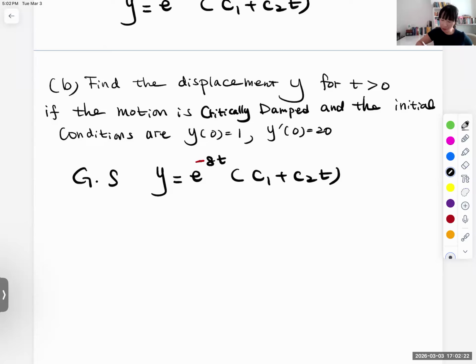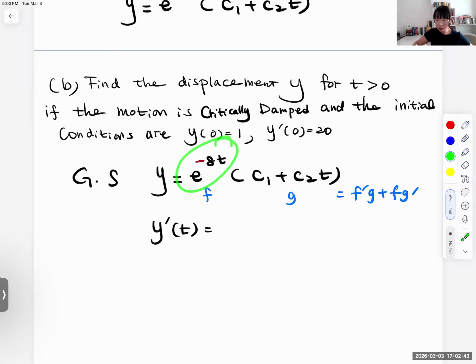So if we take the derivative with respect to t, there will be the product rule. So f g, right? So f prime g plus f g prime. So f prime: e to the negative 8t times the negative 8, right?